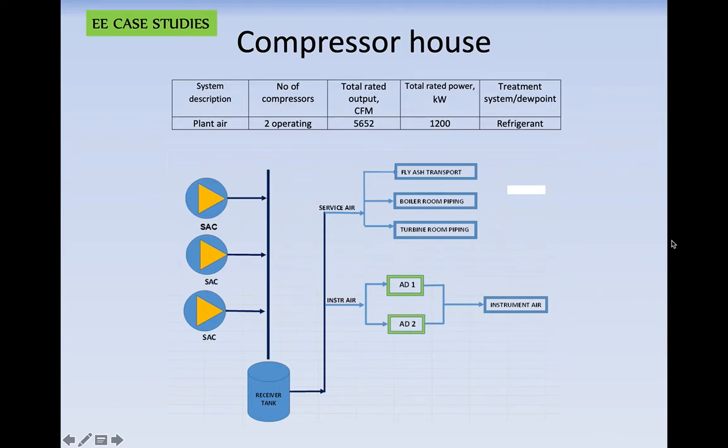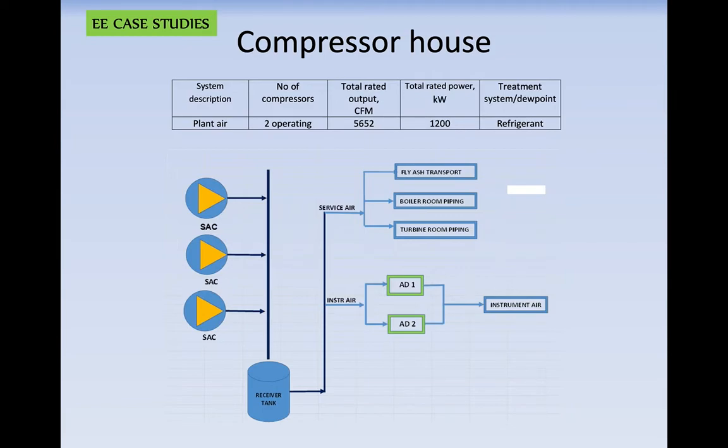And then I was starting to explain to you that there are two compressor houses. Each compressor house consists of three air compressors, so there are six air compressors installed in two compressor houses.